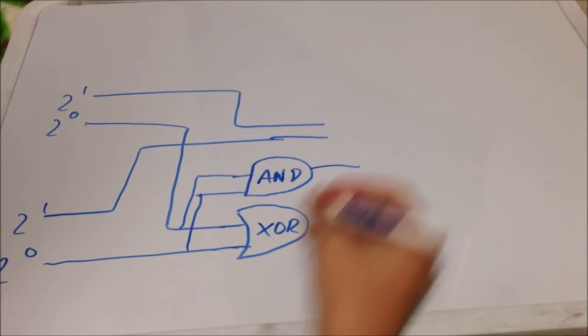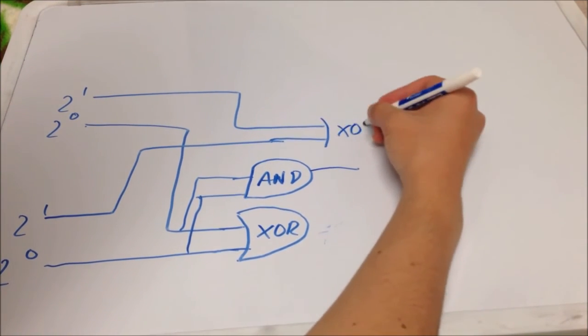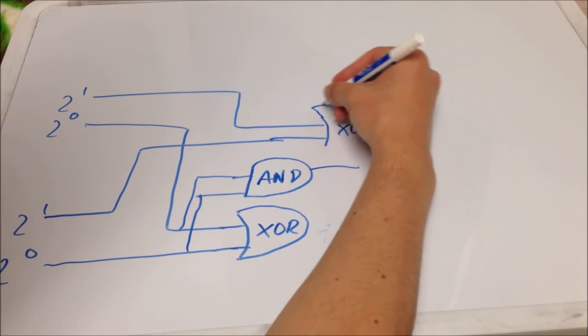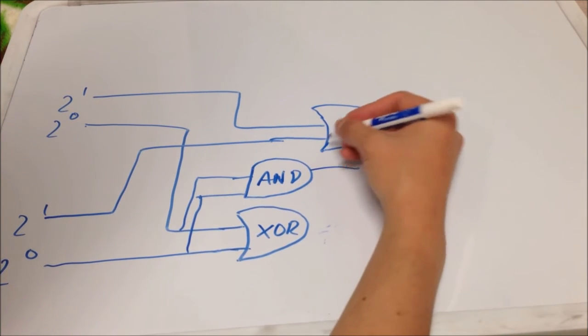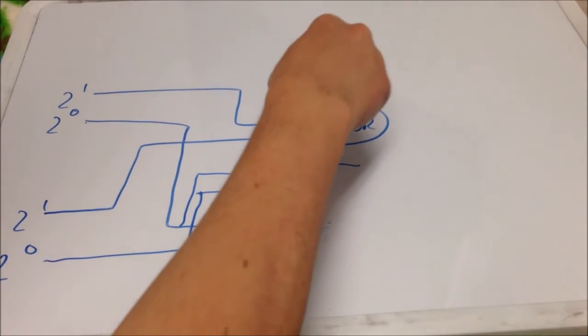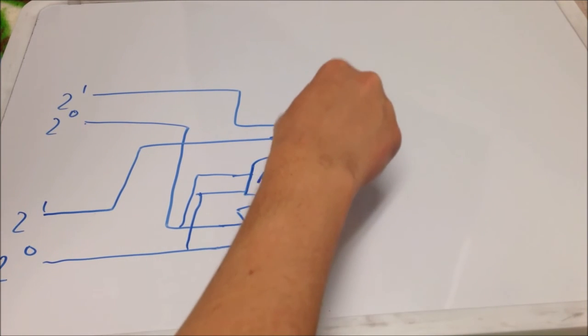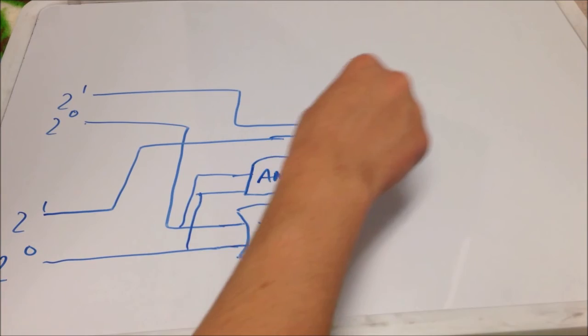So what you're going to want here is another XOR gate, and it's going to check the inputs. So like I said before, 1 0 1 0 1 1 0 0 0 1 1 0.